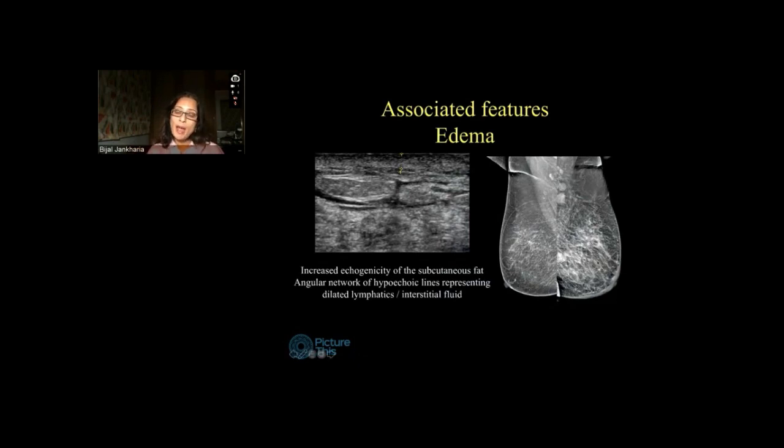We can see on the mammogram that there is increased trabeculation, as well as skin thickening, as well as lymphadenopathy. All these are signs of edema in the breast where there is already a mass. But when we see skin thickening, as well as increased echogenicity of the subcutaneous fat, we had these alternate hypoechoic layers.